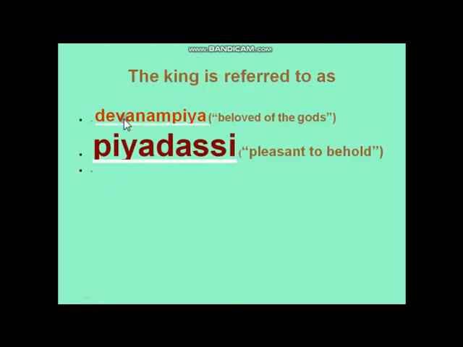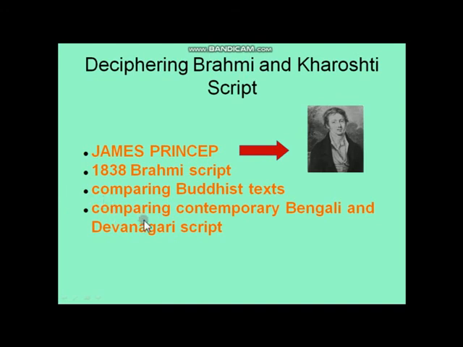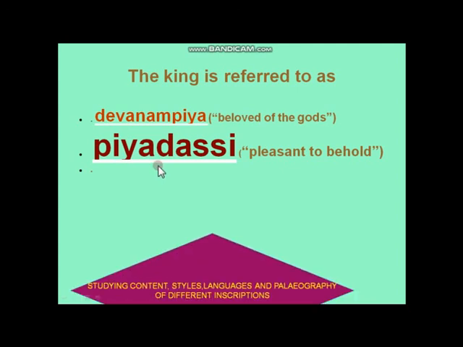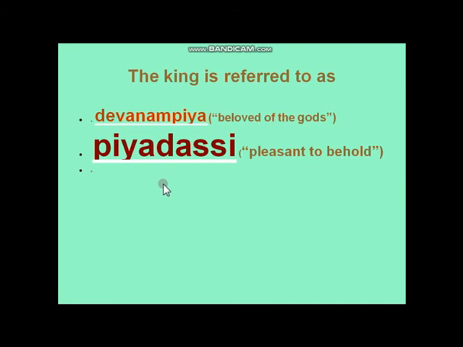He learnt that King Ashoka is nowhere mentioned by his name, but certain titles like Devanampiya, which means beloved of the gods, and Piyadasi. So, by comparing the other scripts, he came to the conclusion that these terms were mentioned to denote King Ashoka.